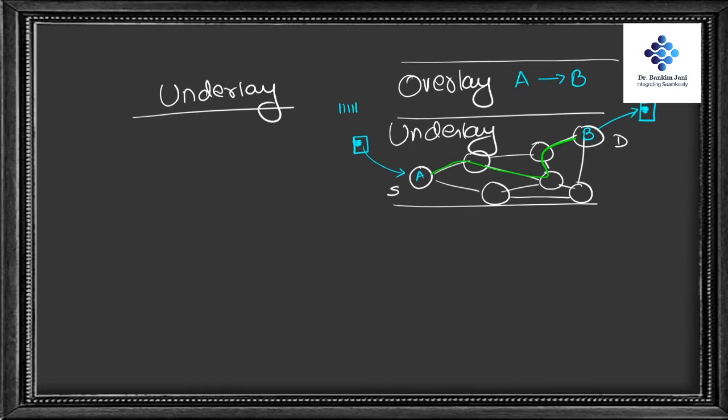whole network. So that's the reason that when we talk about underlay, it is not the rule, but ideally it has to use dynamic routing protocols. Right? It has to use dynamic routing protocol.